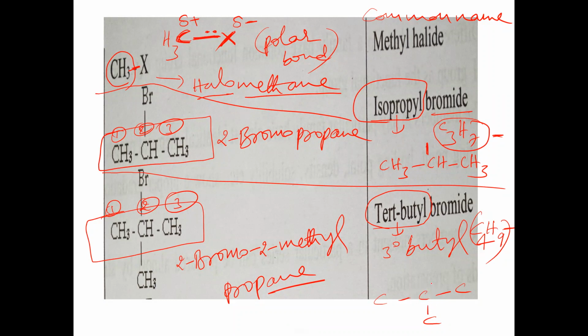This carbon is directly attached to 3 other carbons, so it is called a tertiary carbon. So CH3, CH3, CH3: C4H9 is the butyl group here, and the free bond will be here.